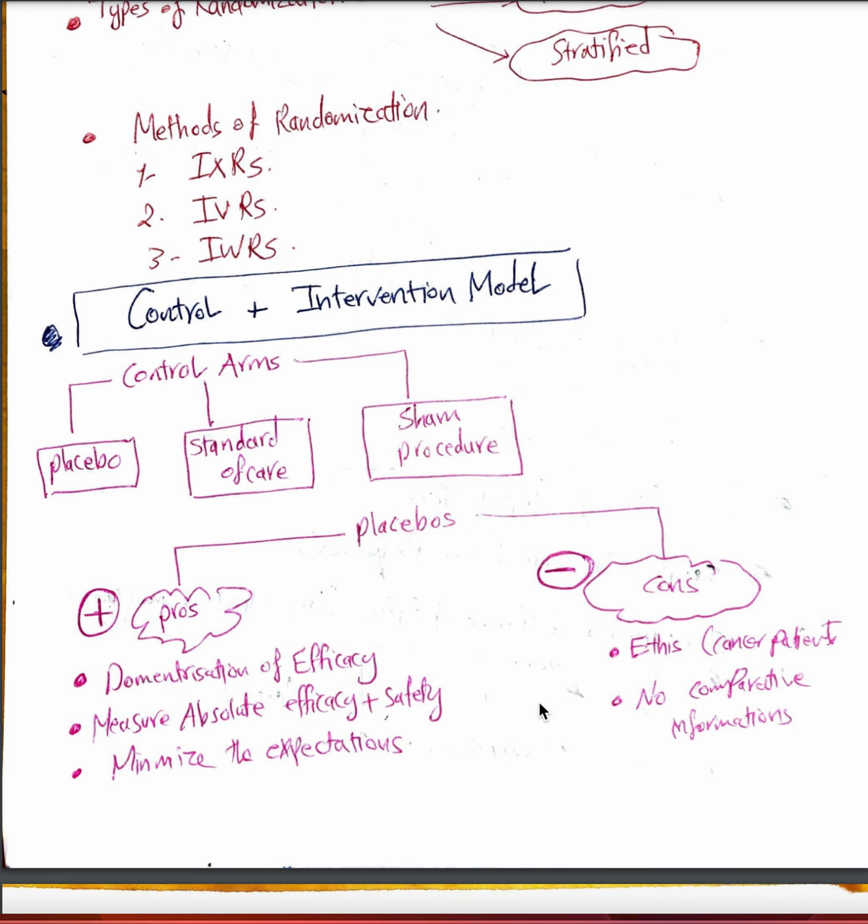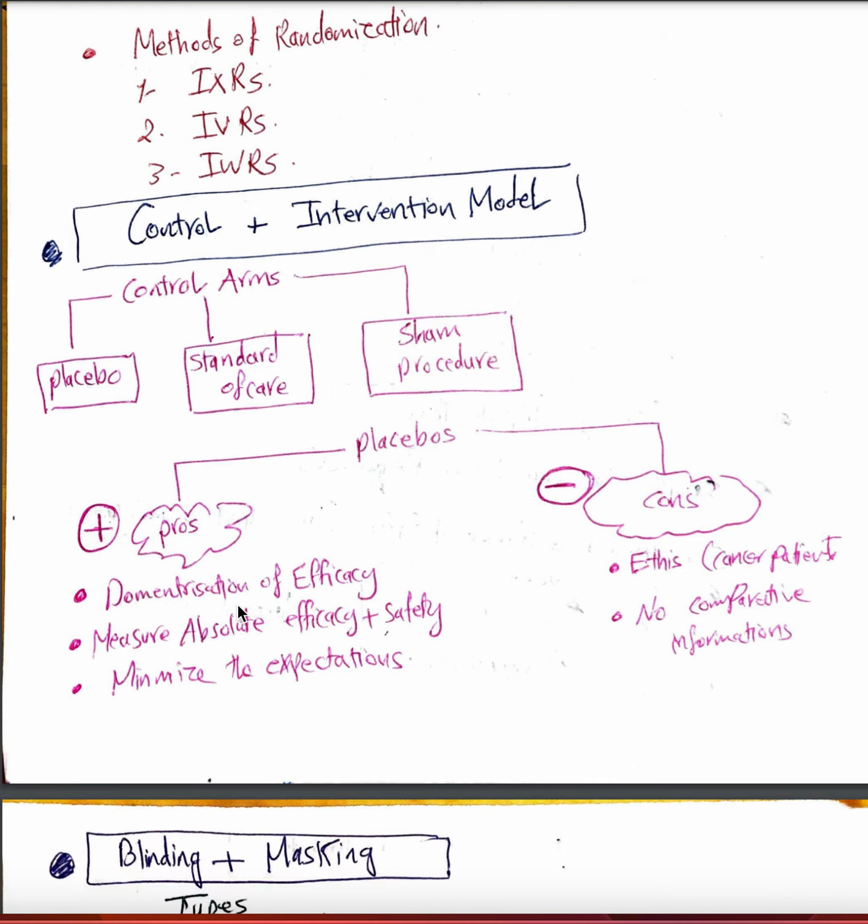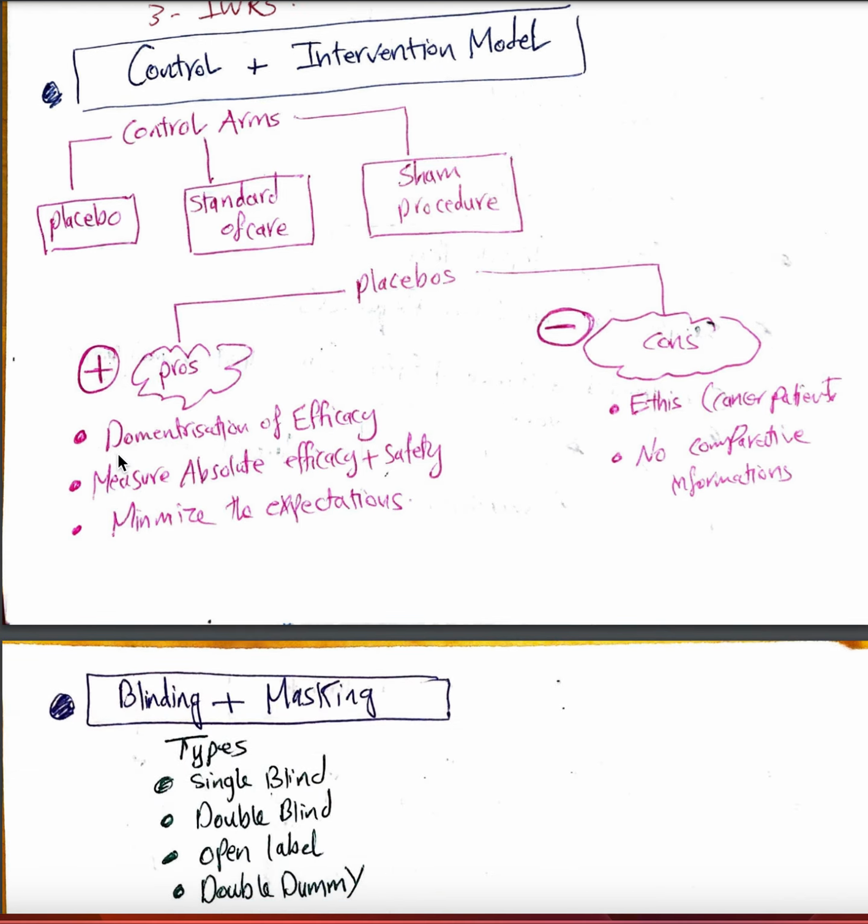And what are the pros and cons of placebos? The pro is demonstration of efficacy. When I say demonstration of efficacy, I'm talking about the new treatment, because if there is an effect in the placebo group, we can see how the new treatment improved. It measures absolute efficacy and safety, and it minimizes expectation.